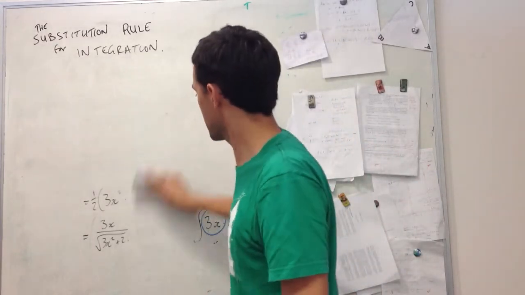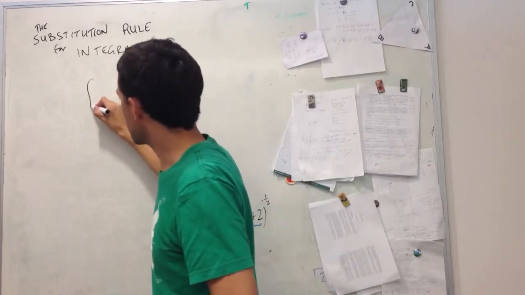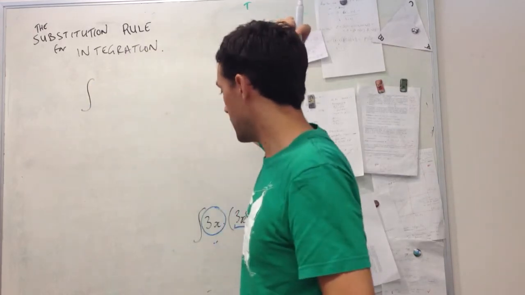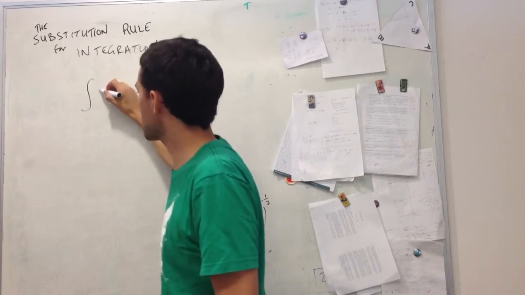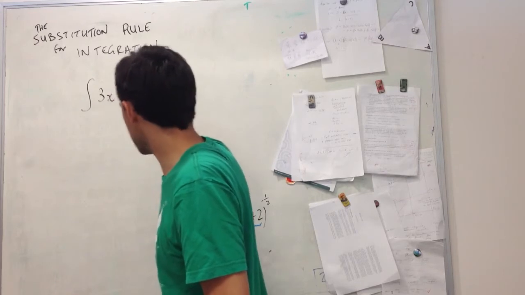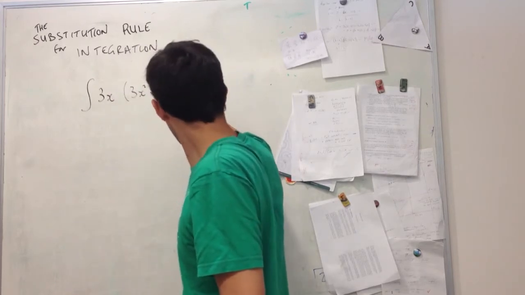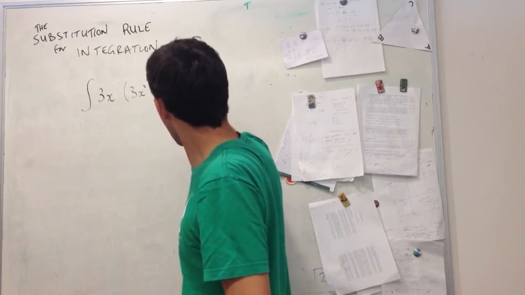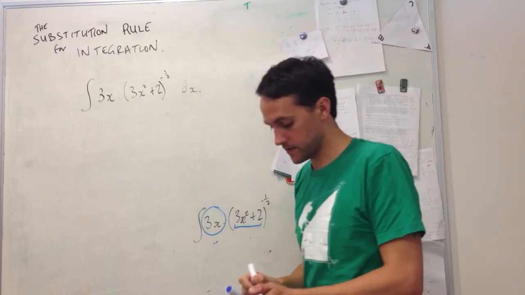So say I want to find the integral of, let's do it with this function here so that we can see the direct correlation. So I want to find this integral.